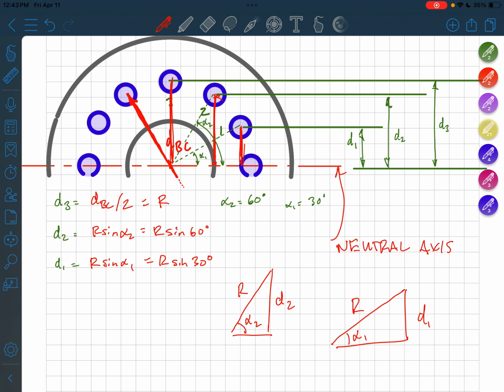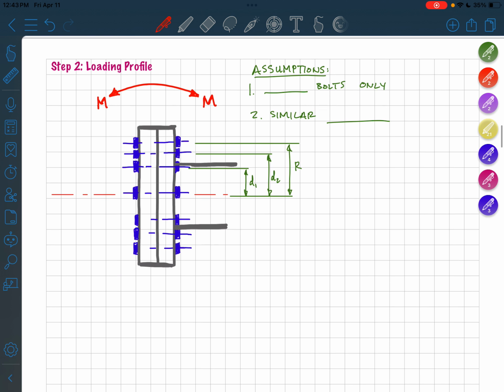All right, step 2. Let's look at the loading profile. Okay, so we know that this joint experiences a moment, M, a bending moment. So we have forces in the bolts that are going to be resisting this moment. So let's try to draw the forces in each one of these bolts.